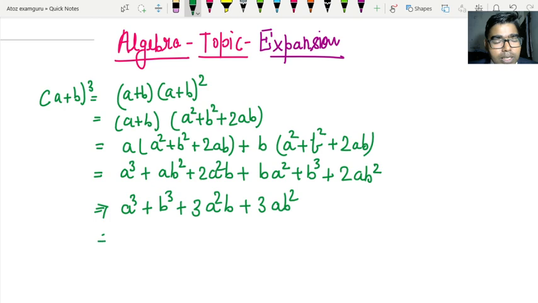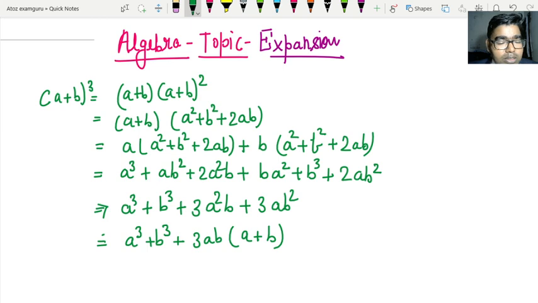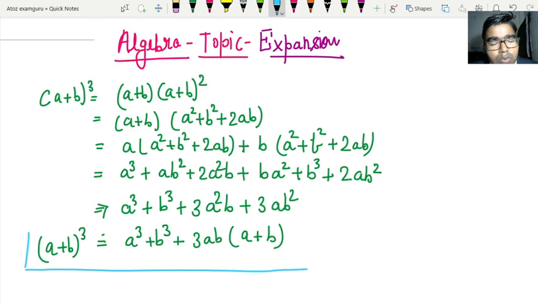And now you can write it as a cube plus b cube, and by taking common thrice of ab, you will simply get a, one is in common and one remains, so it is a, and here one b is remaining, so it becomes b, and this is a plus b, right friends? So the one formula you derived is a plus b whole cube equal to a cube plus b cube plus 3ab into a plus b.